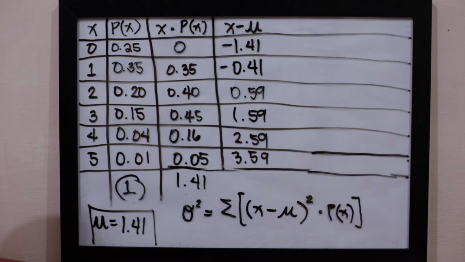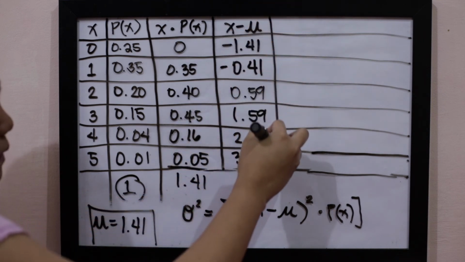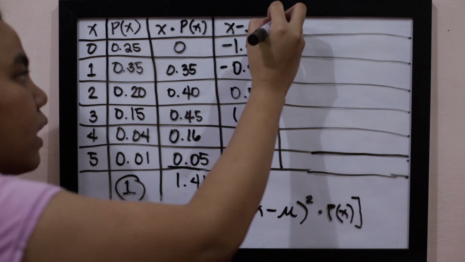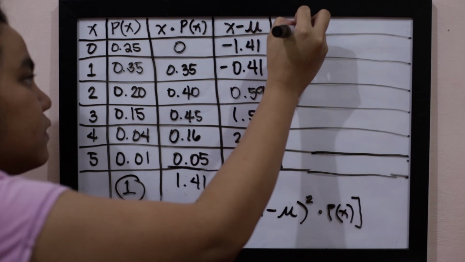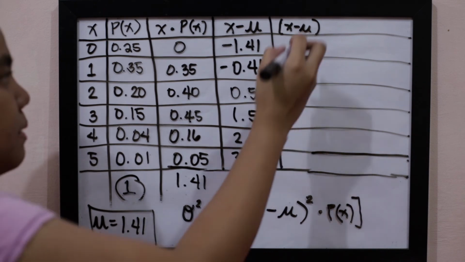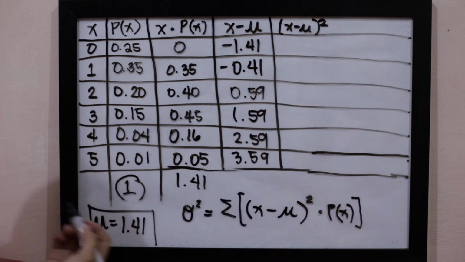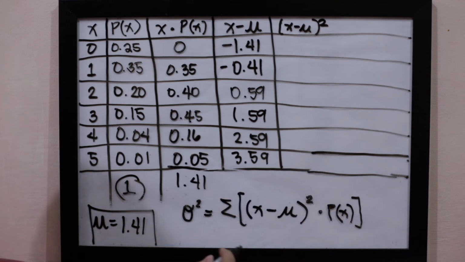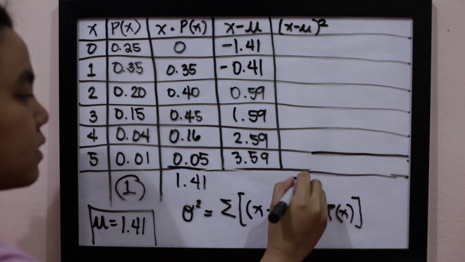Next, after getting the difference of x and the mean, we will now square their difference. So, magkakaroon po tayo ulit ng another column for the square of the difference between the x and the mean. So, you just square this one. In your calculator, meron po siyang function na x square.